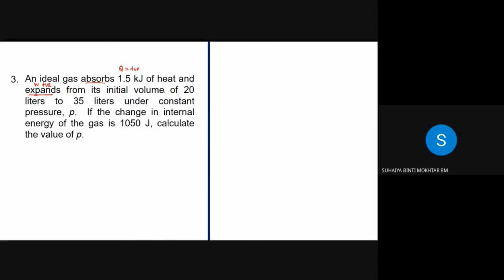Make sure to convert the units to SI units, liter.